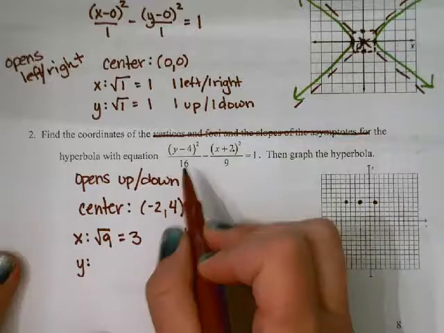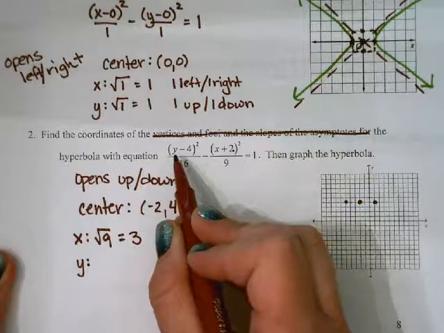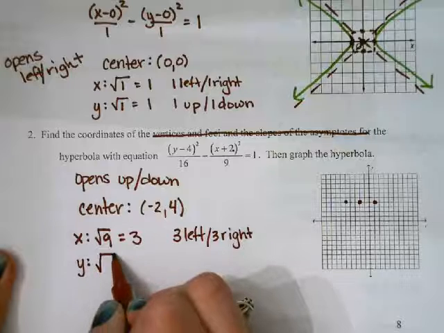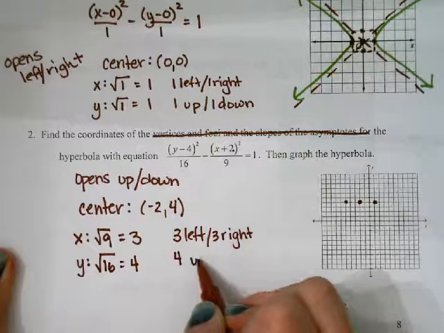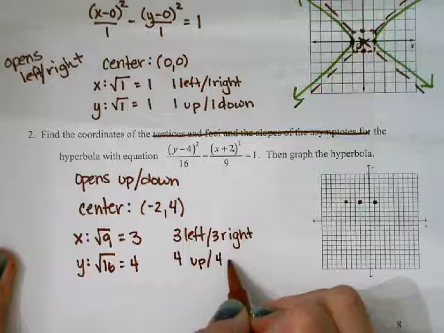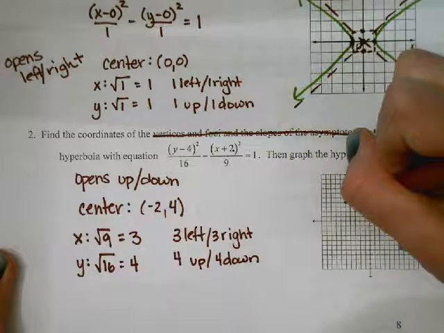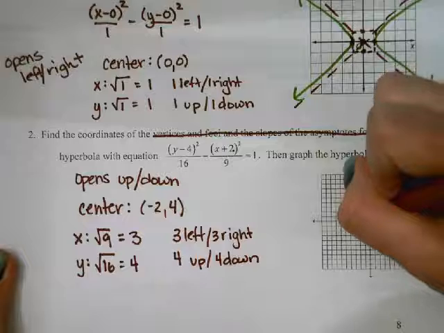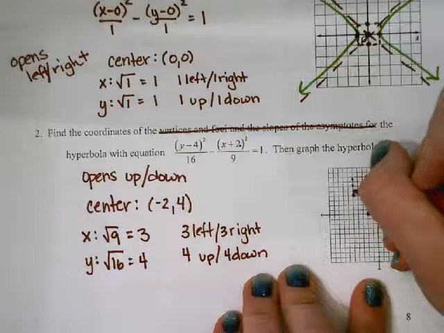Okay, in the y direction, I have to look for the denominator under the y variable. He's 16, so the square root of 16 is 4, so I'm going to go 4 up, 4 down. Draw in your box.